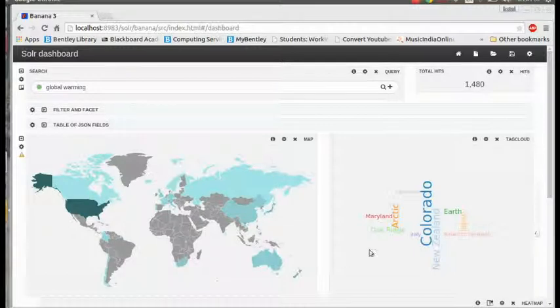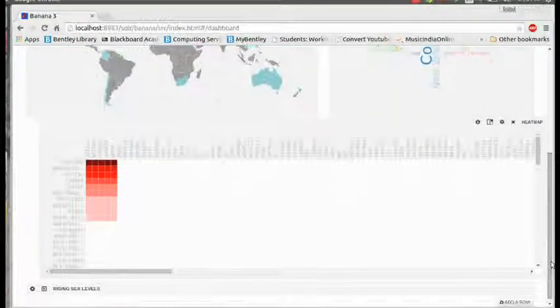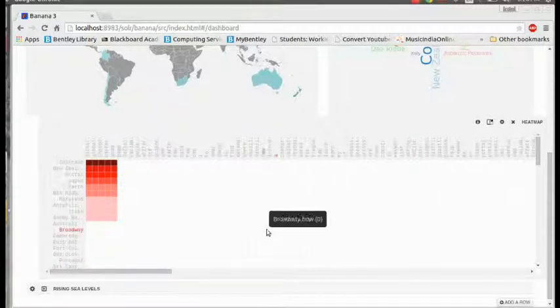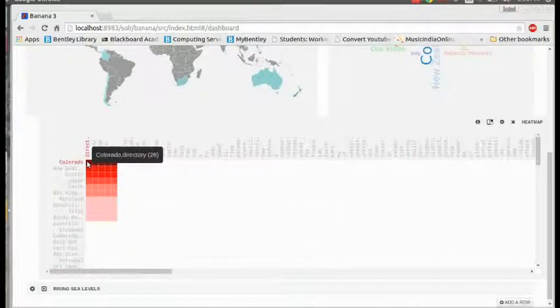Then there is a tag cloud, which is similar to the bubble feature of D3, and the size of the text in the tag cloud is directly proportional to the weight. Then we have the heat map, which gives us the frequency of the location with respect to the various file names. So here we have Colorado appearing in different titles with different frequencies.